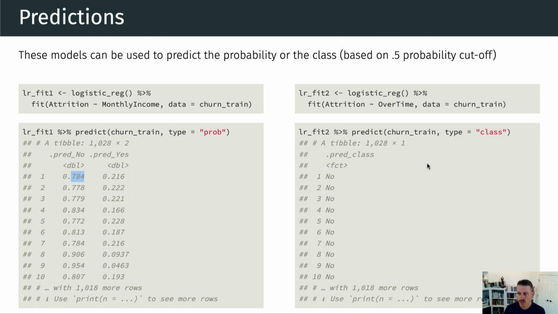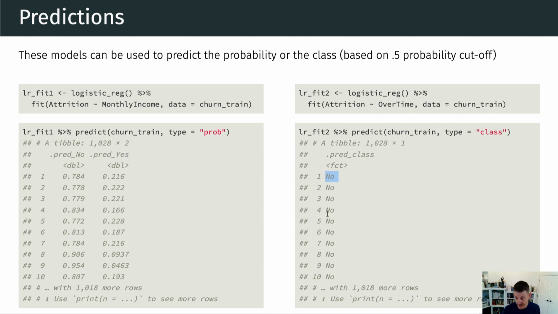Now here's the thing. We can also use this to predict class, right? So type equals class. And that just means what are we going to classify this between our binary responses? So what it uses is the cutoff of 0.5. So when the probability of an observation or predicted value is greater than 0.5, that it is going to occur. So in this case, if the probability of the employee leaving equals yes is greater than 0.5, then we will predict yes, otherwise we predict no. So when we use this class, you can now see we get our binary response variables.